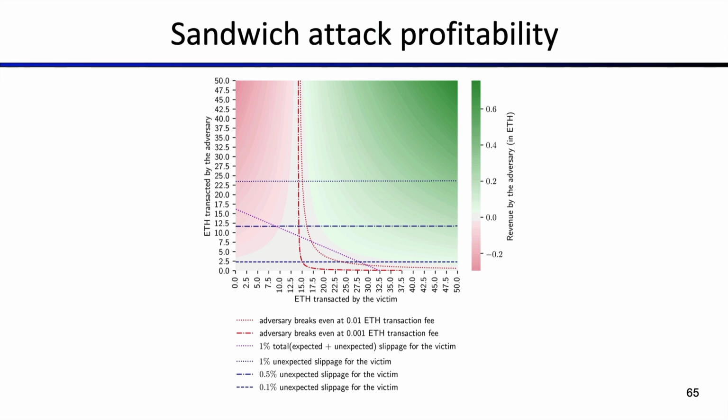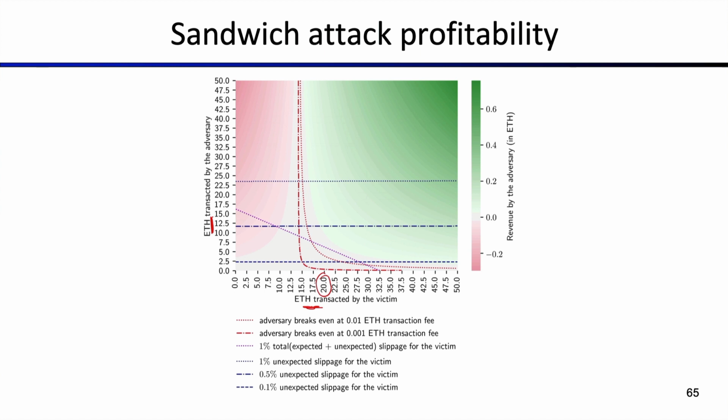Obviously these numbers may change at any point in time depending on the market state. But let's assume here we have the number of ether transacted by the victim, and here we have the ether transacted by the adversary, right? So you observe a victim transaction that trades 20 ether.